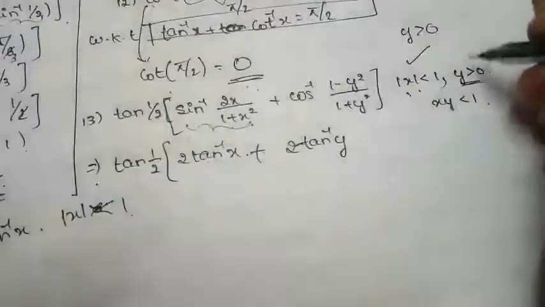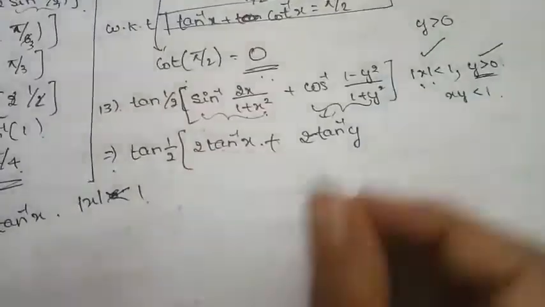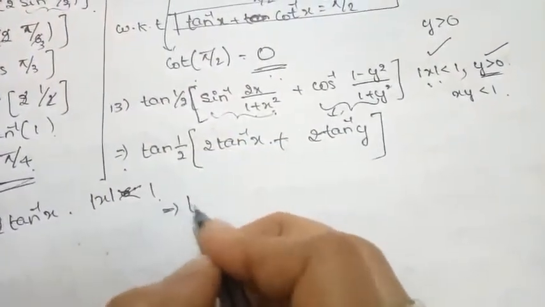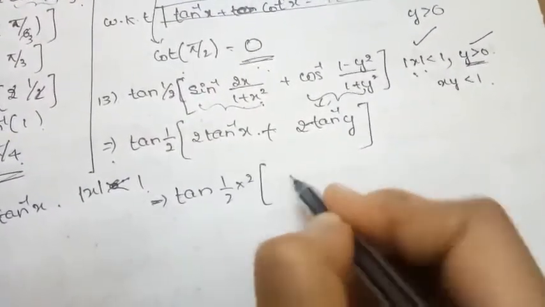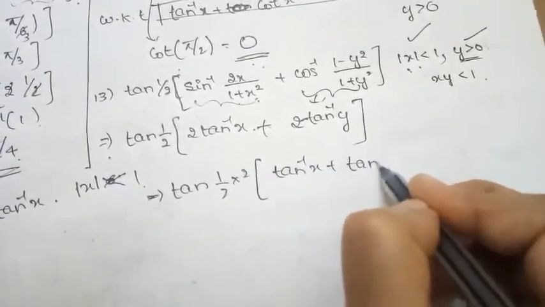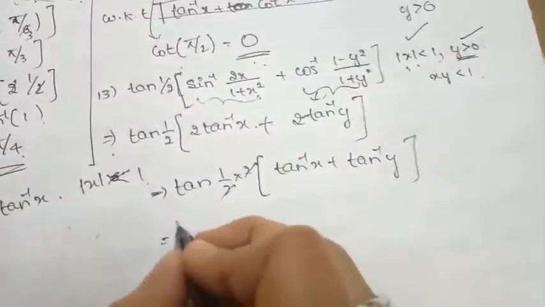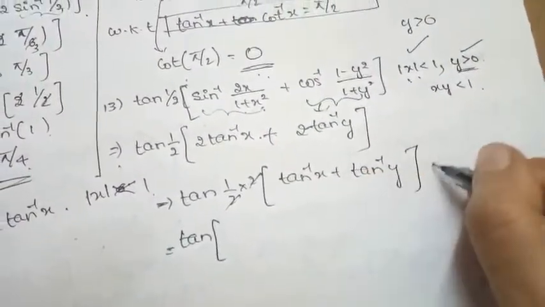So here we have the condition, so I can replace this one by 2 tan inverse of y. Suppose I take 2 common outside, that means tan of 1 by 2 into 2 tan inverse of x plus tan inverse of y. Clearly 2 gets cancelled, which is equal to tan of tan inverse of x plus tan inverse of y.